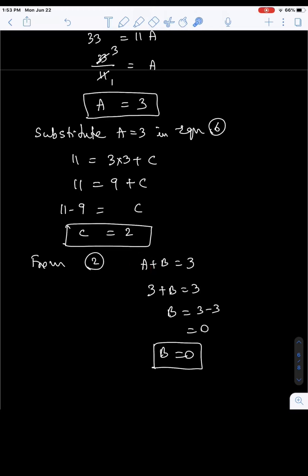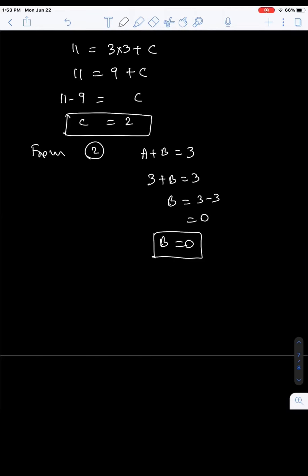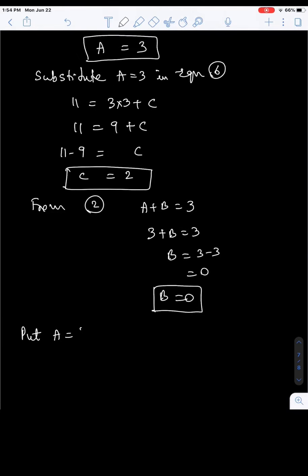What did I do? I kept the value 3 in it, so that I got b as 0. What are the values we got? a, b, c. All these values are kept in equation 1. So put a is equal to 3, b is equal to 0, c is equal to 2 in equation 1.